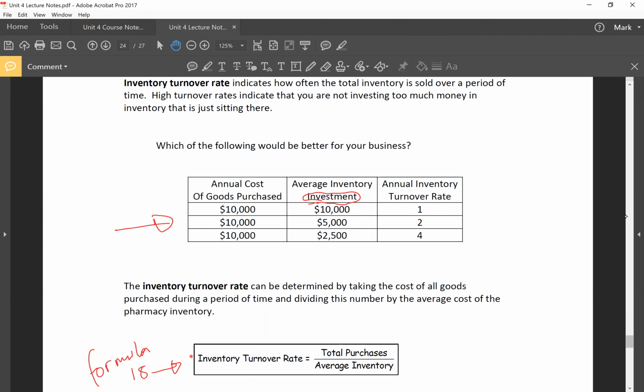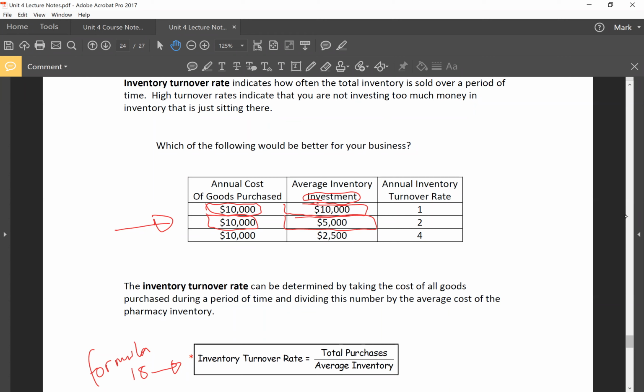So here, you're investing $10,000. Here, the cost is 10,000, but your investment is only half of that. It's only 5,000. The investment is the money that you've put into this at the end of the day.